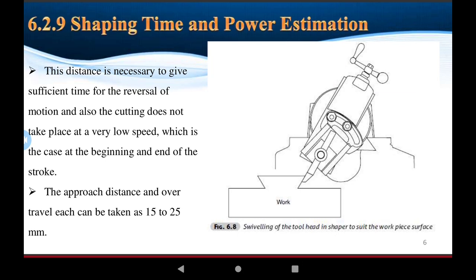Okay, the approach distance and the overtravel each can be taken as 15 to 25 mm. Suppose the tool speed is given, the tool is selected for the program, and the tool also moves from forward to backward, and the other tool motion is rotation.